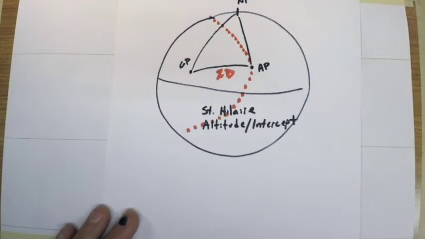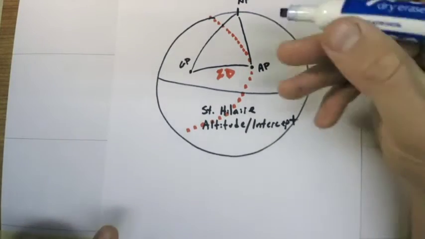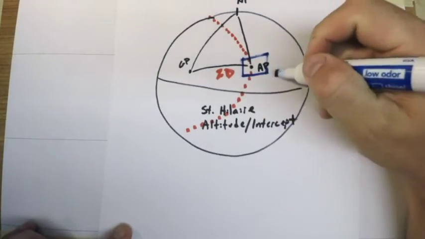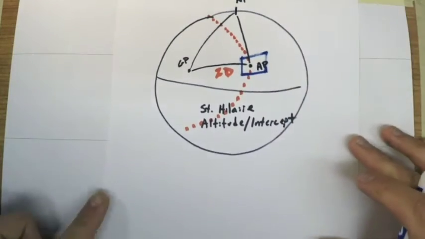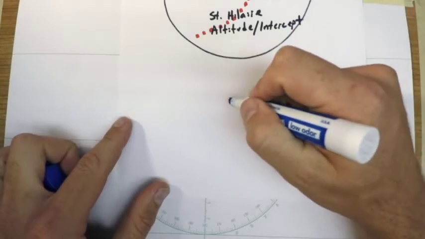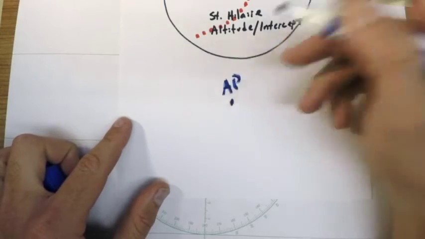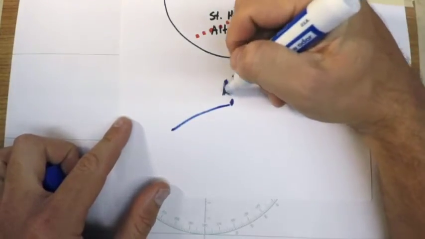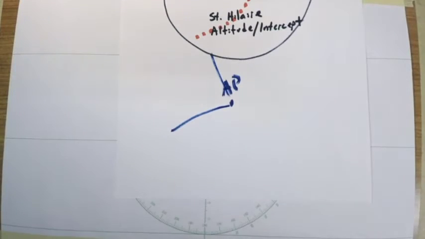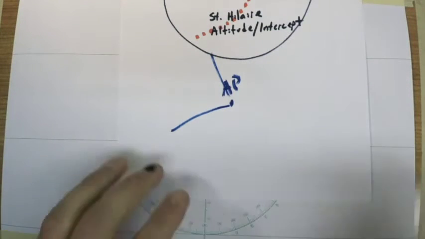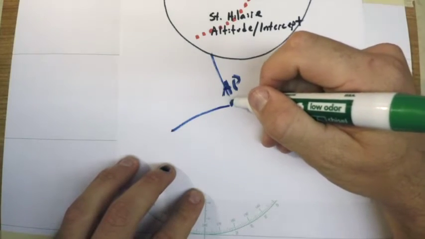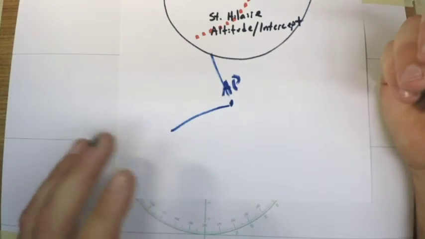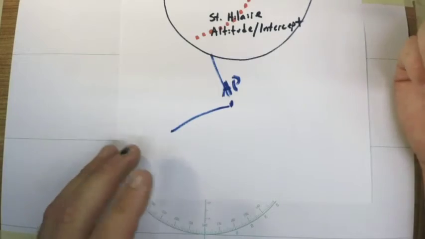Then the principle of this method is you zoom in on this section near the assumed position. Down here, we have the assumed position and the lines that lead away from it. The whole object of the St. Hilaire or altitude intercept method is to compare the assumed position's circle of equal altitude with what you actually measured.